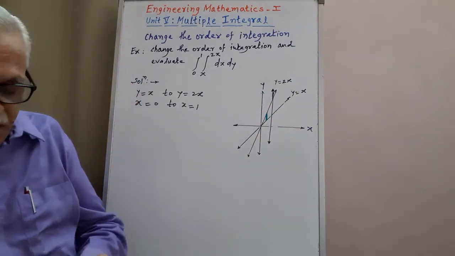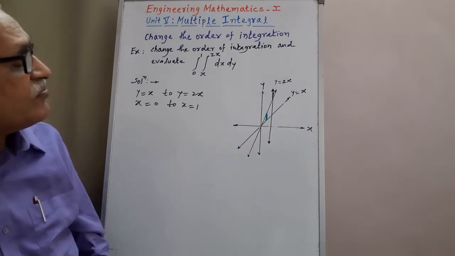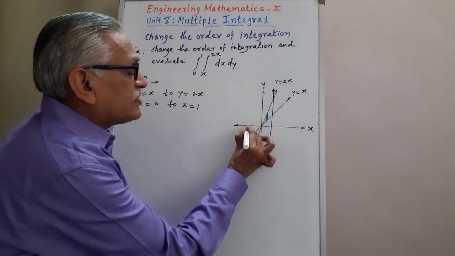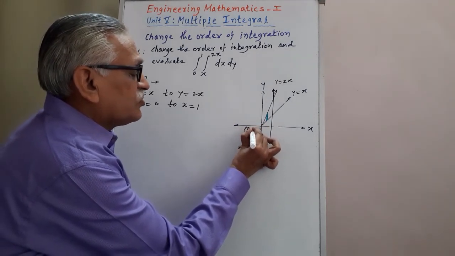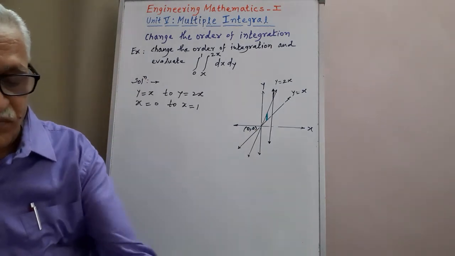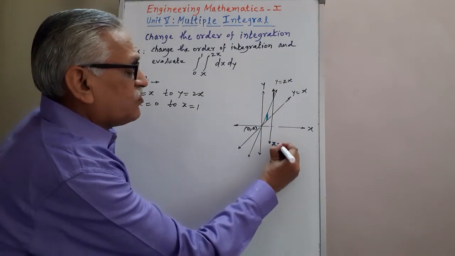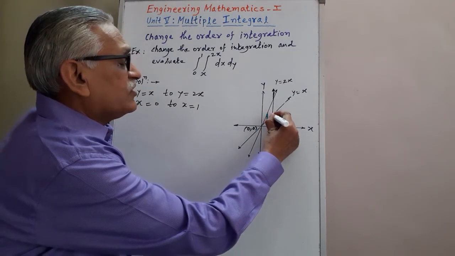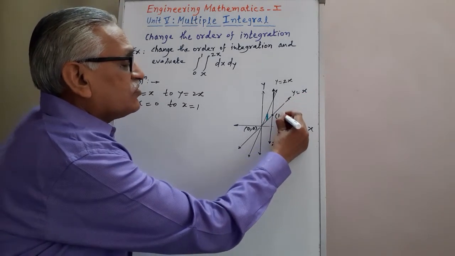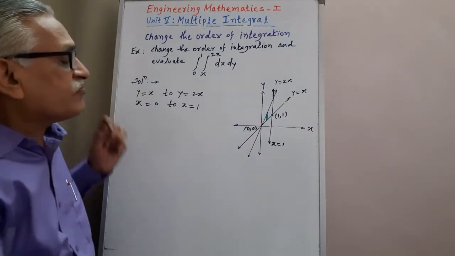Then the points of intersection of all these lines. First one is origin, coordinates are 0, 0. Next, this is the line x equal to 1. Therefore, this point of intersection is x is 1, then y is also 1, as it is intersecting with the line y equal to x.